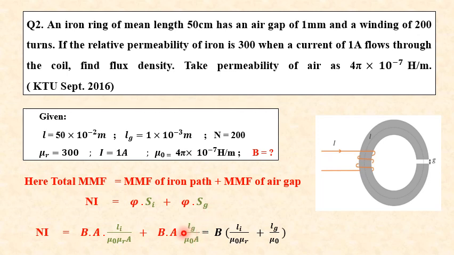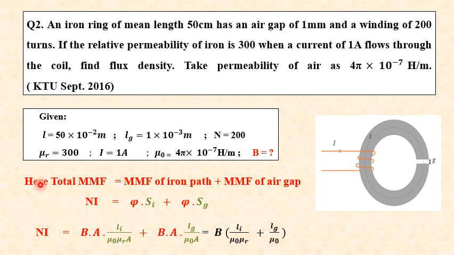So that is why in the denominator I am only having mu 0 A. So area of cross section A and A will get cancelled, and taking B common we will be getting Ni will be equal to B into li by mu 0 mu r plus lg by mu 0.